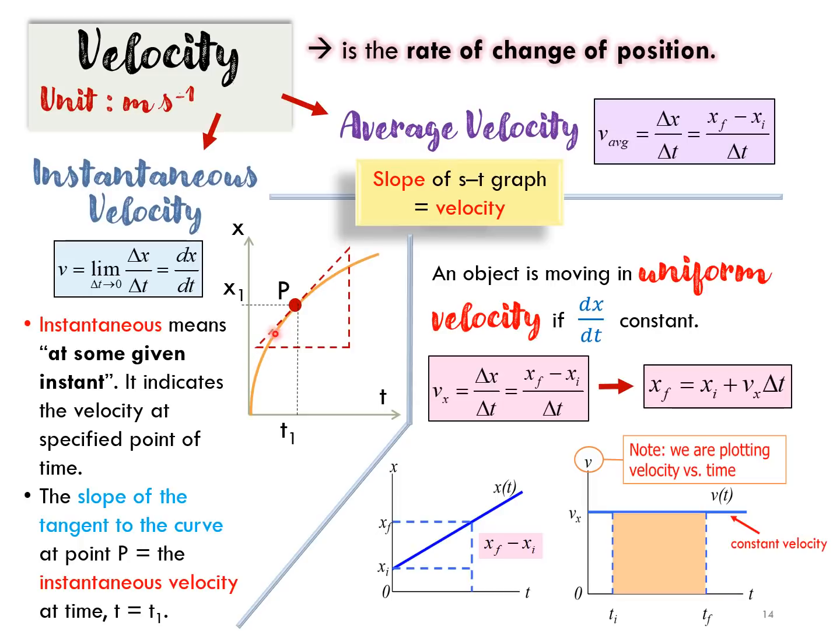If the velocity, dx over dt, is the same at any time, it means that the object is moving with uniform velocity. This can be represented in a velocity versus time graph, where we have the same velocity value at any time.